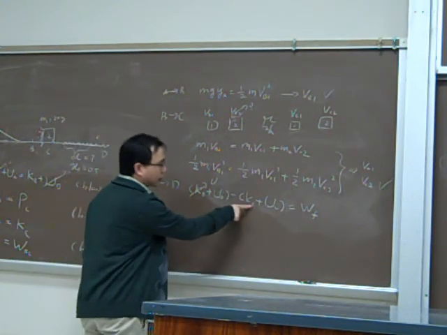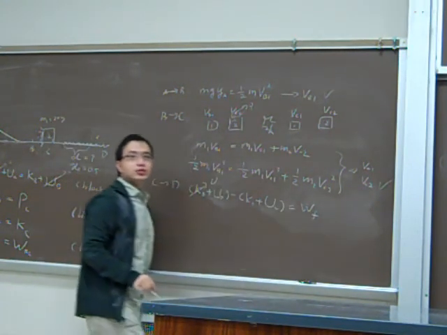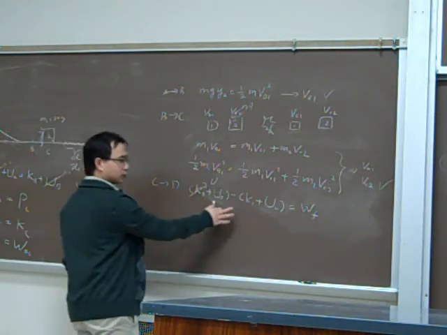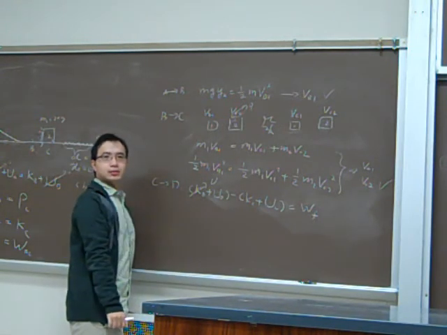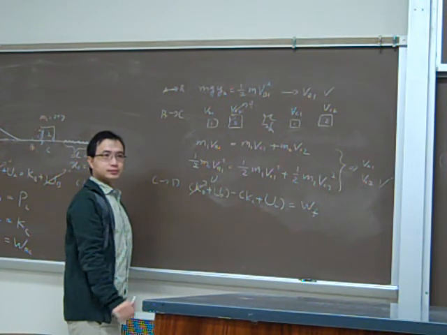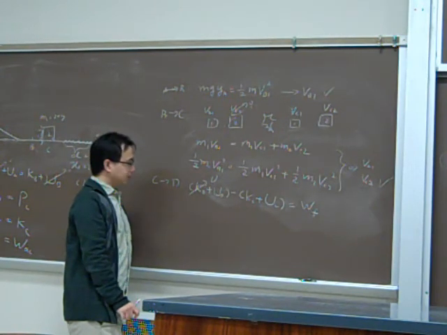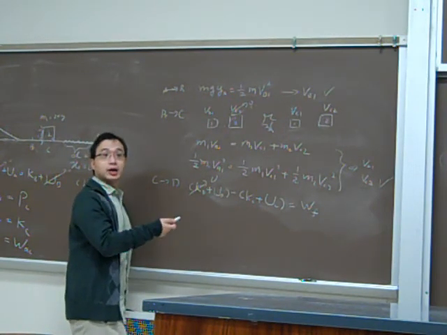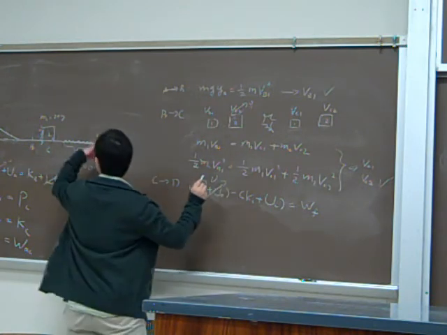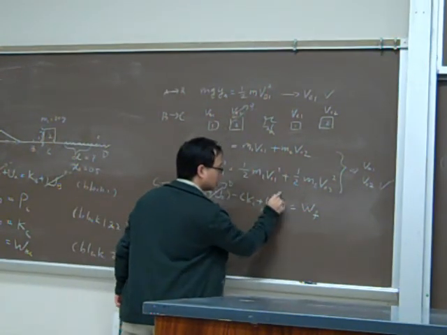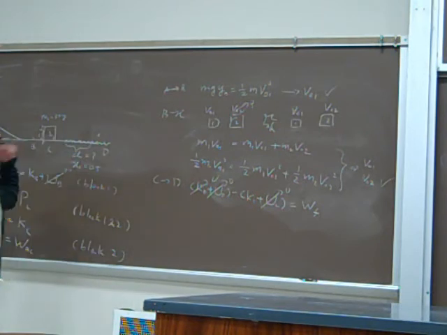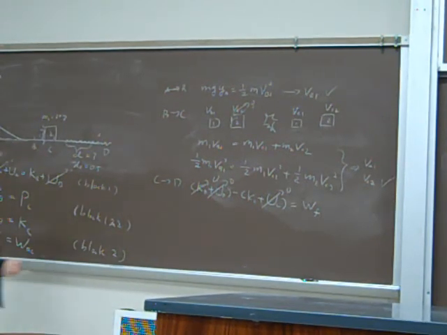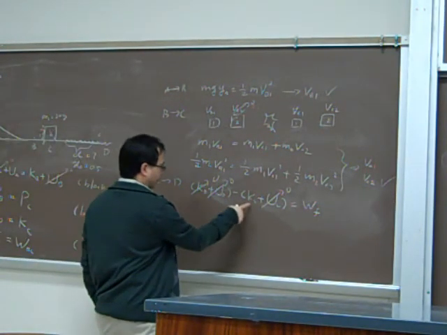And the initial kinetic energy is calculated from VC2. And how about potential energy in this problem? Both will be 0, right? Both of them are at the same height. Okay.